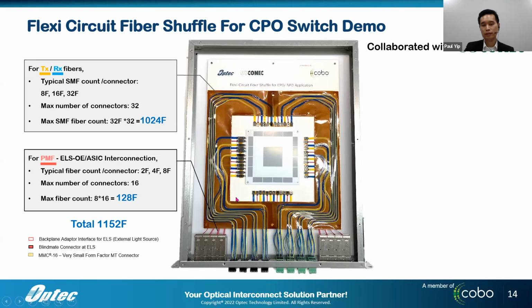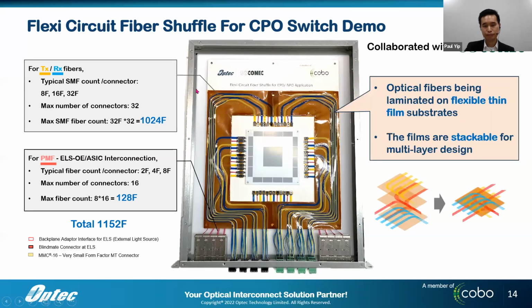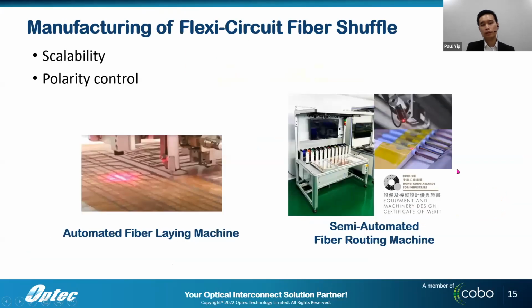And of course, this is schematic. So we put everything on 5 layers in total, and we chain all this up. So the fiber mapping is already built in. So we can see these connectors are connected to different nodes here. So flexi circuit and fiber shuffles are scalable in production.